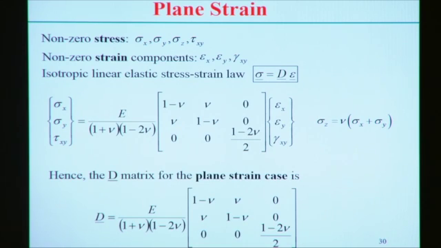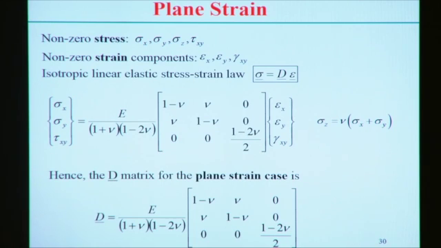So in this case the expression of D is different from that of the plane stress condition, but it links the stress and strain, and here we can link the 3 components of the stress in terms of the 3 components of the strain, but sigma z can also be calculated in terms of sigma x and sigma y.